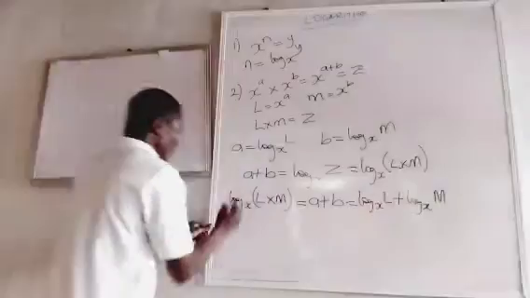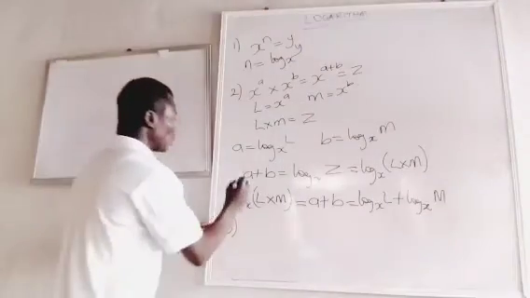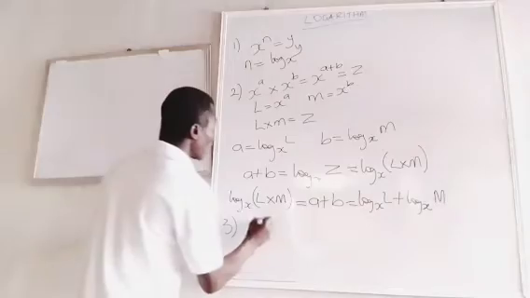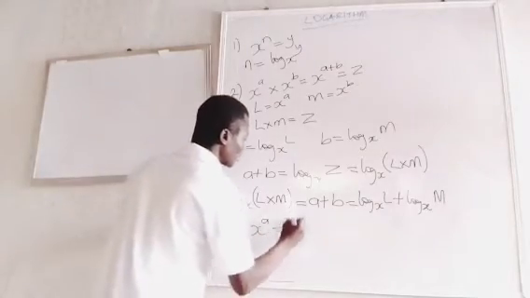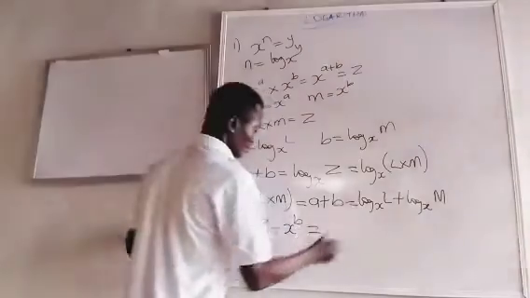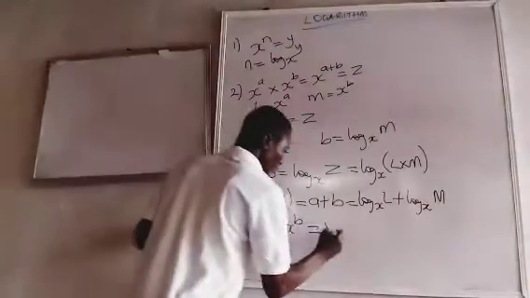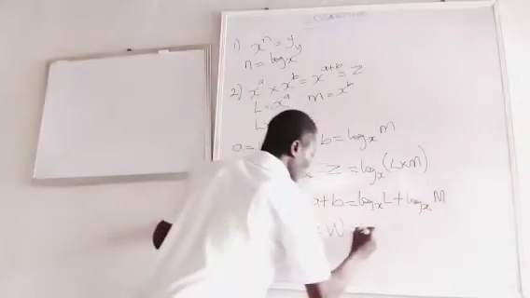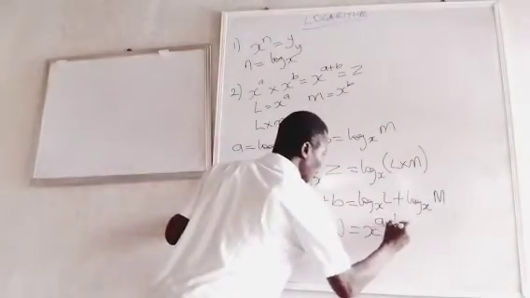In the same vein, when we have x raised to power a divided by x raised to power b, let's call that w, which should be x raised to power a minus b.